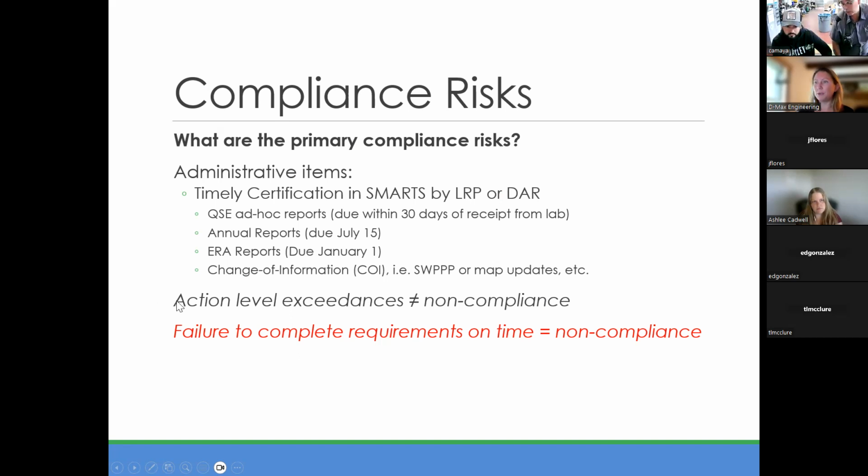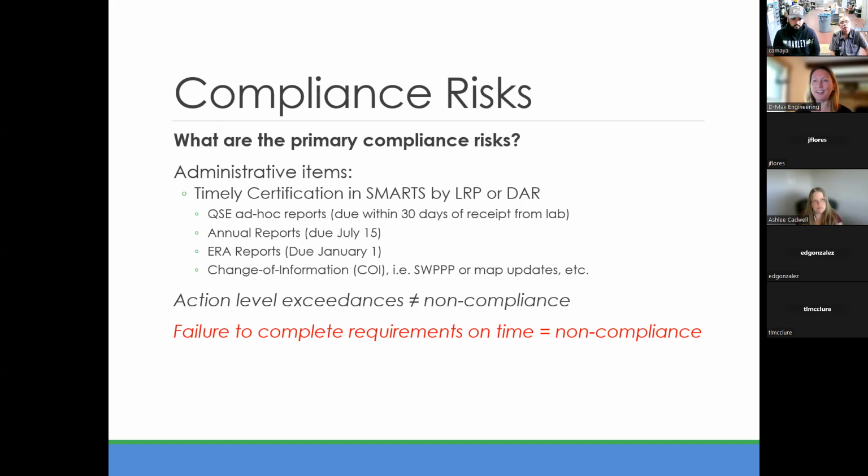So in summary, action level exceedances and entering level 1 or level 2, I just want to reiterate that that is not non-compliance with the permit, as long as you are accomplishing all of the requirements of the permit. So if you're entering level 1, you're getting your level 1 evaluation and report done, and you're certifying that on time, then you're in compliance with the permit.